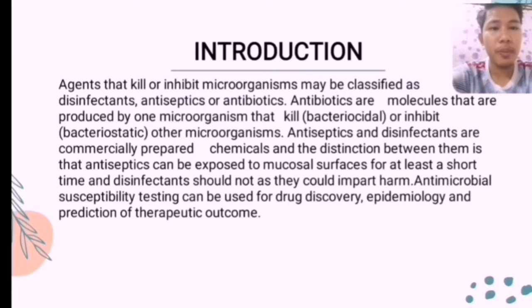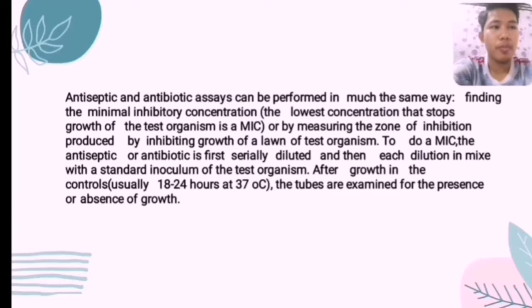Antimicrobial susceptibility testing can be used for drug discovery, epidemiology, and prediction of therapeutic outcome. Antiseptic and antibiotic assays can be performed in much the same way. Finding the minimal inhibitory concentration, the lowest concentration that stops growth of the test organism, is the MIC.